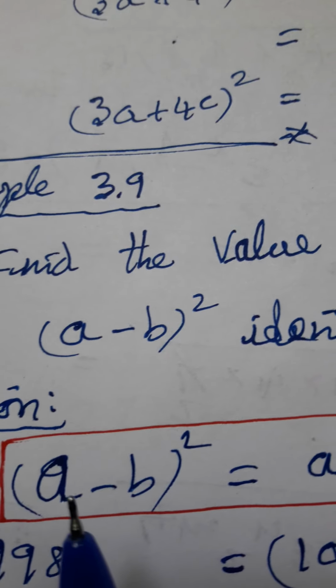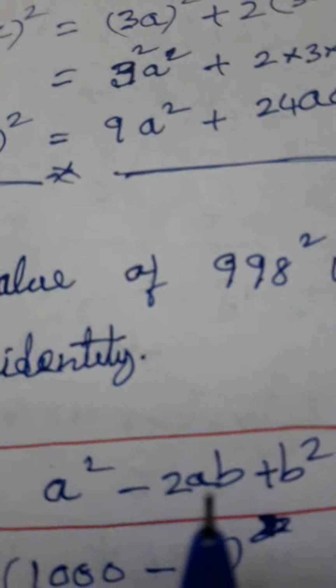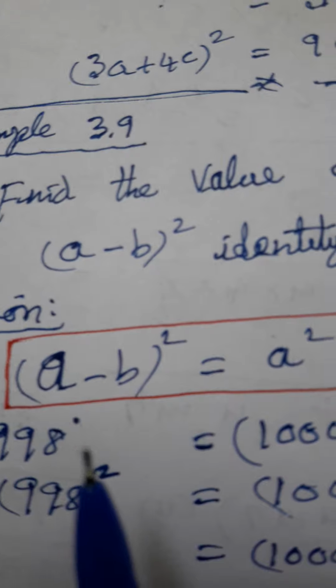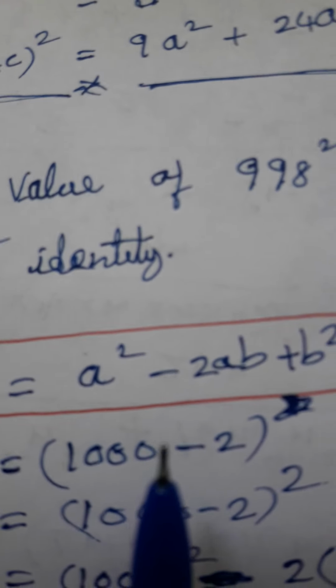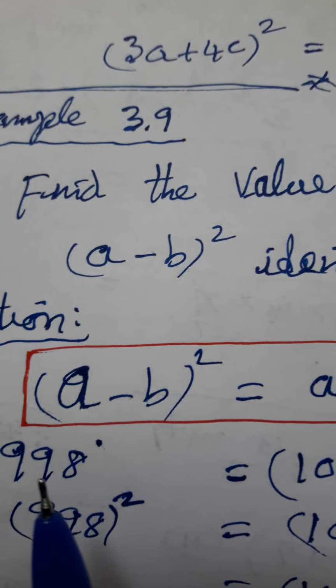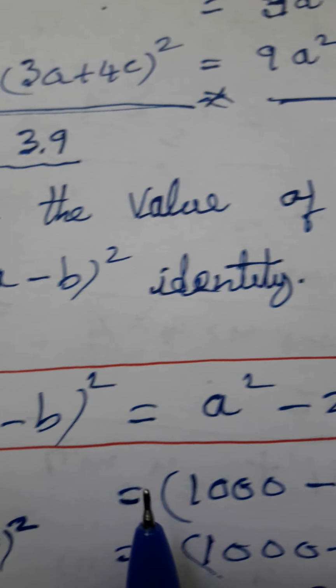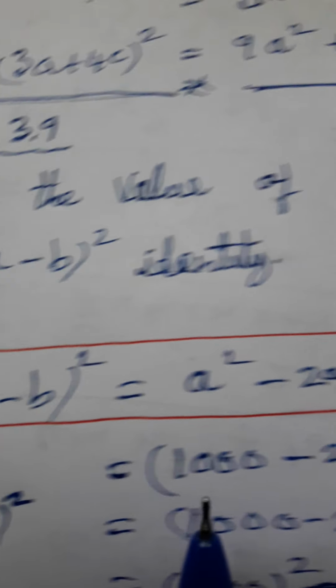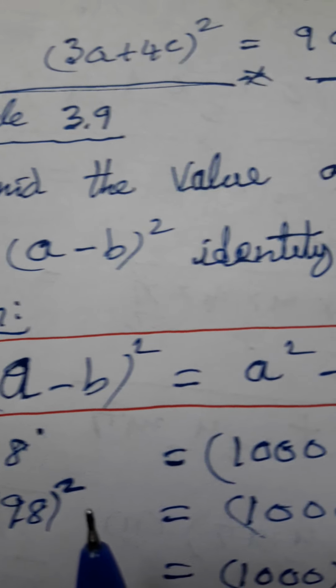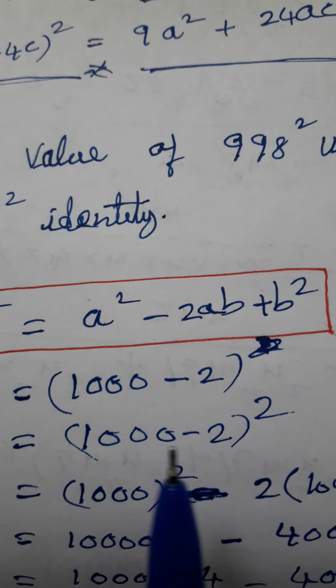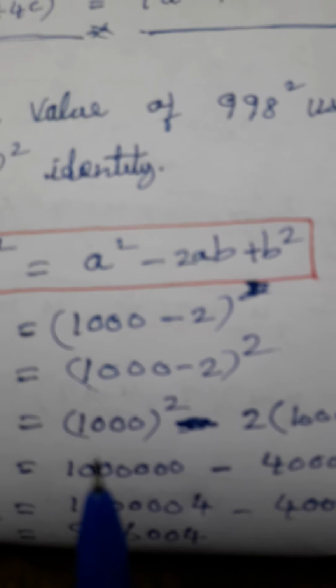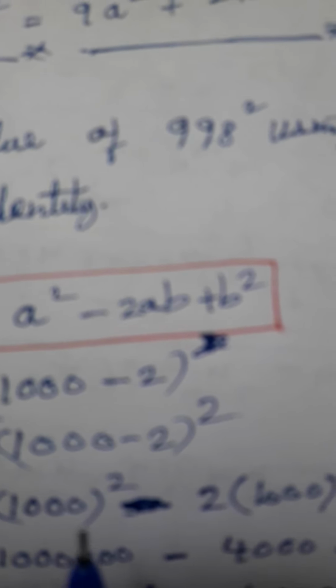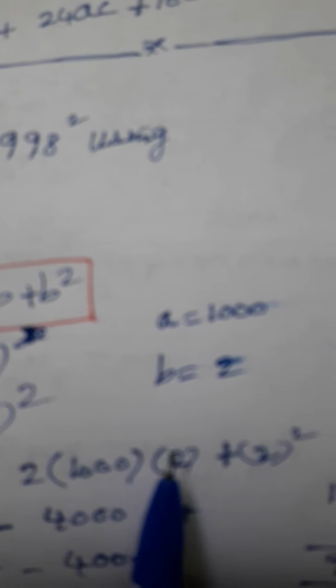Here we are using the formula (a − b)² = a² − 2ab + b². 998 equals 1000 minus 2, so we can write 998 as 1000 minus 2. 998² equals (1000 − 2)². Then a² is 1000², minus 2ab is 2 into 1000 into 2, plus 2².